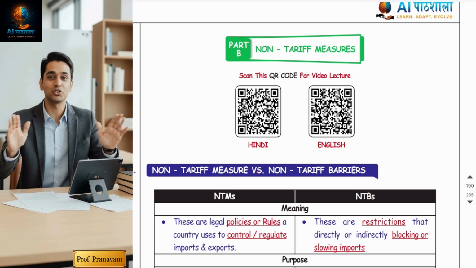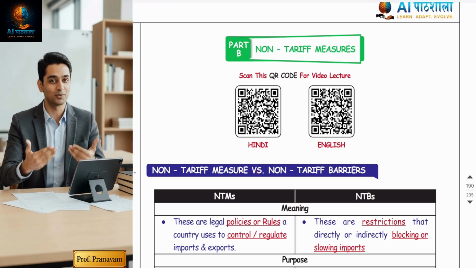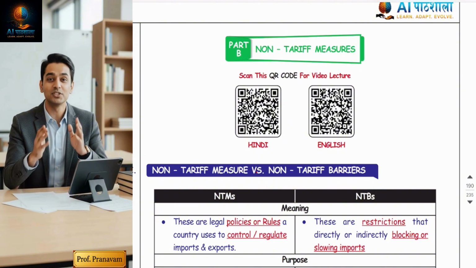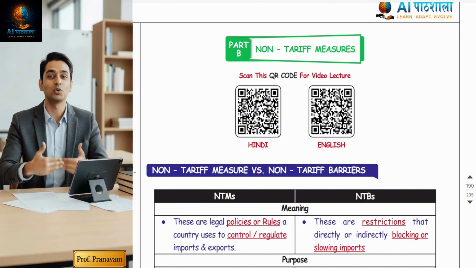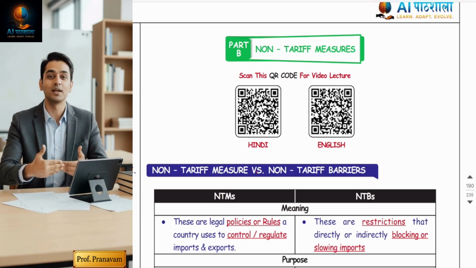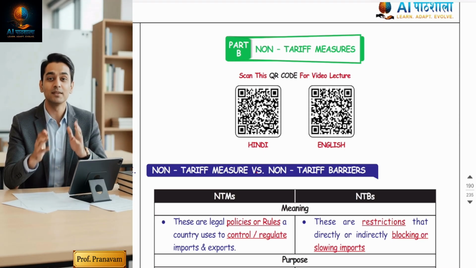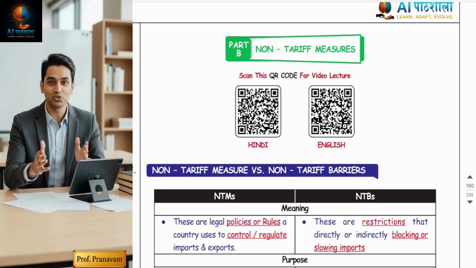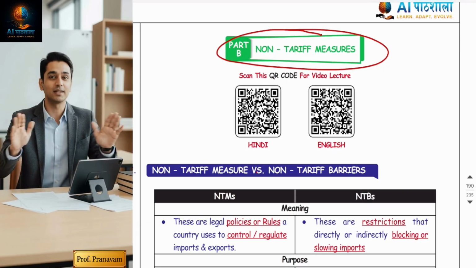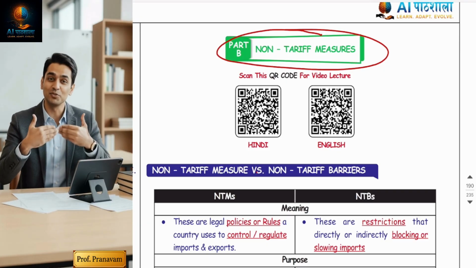What if a country says, I will not increase tariff, but still I don't want too many imports. Can it do that? The answer is yes. And that is exactly where non-tariff measures, part B, come into existence.